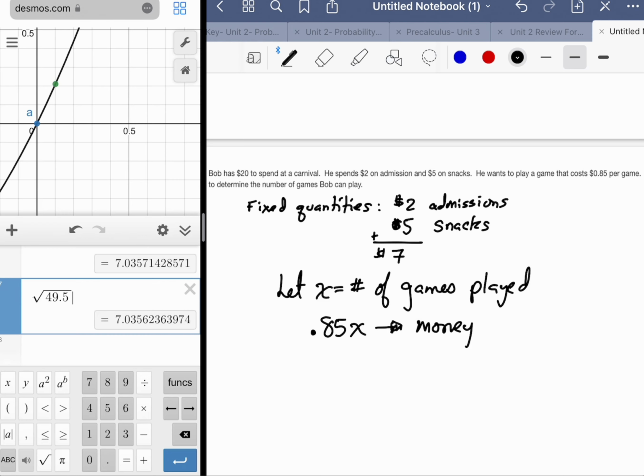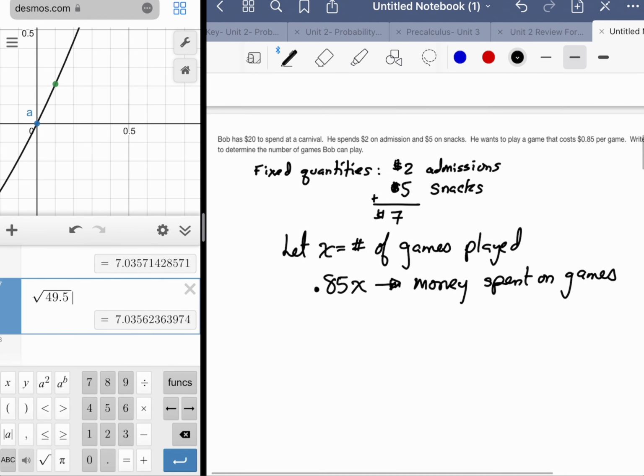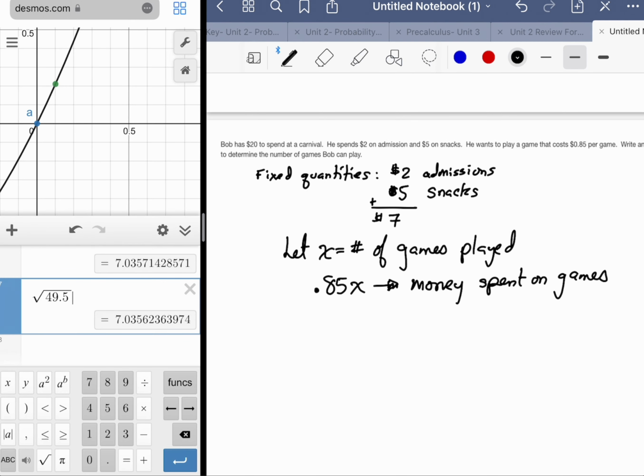I'm just doing this so you understand where the inequality is coming from. Money spent on games. So he's got $20 to spend. That means he can't go over $20. He can spend all the $20 if he wants, but he can't go over it.